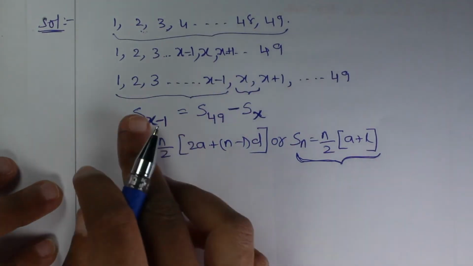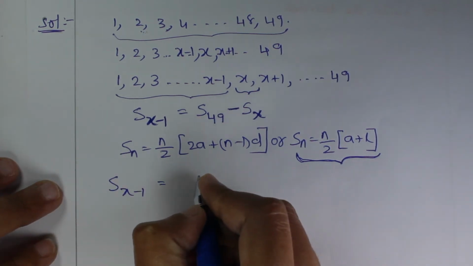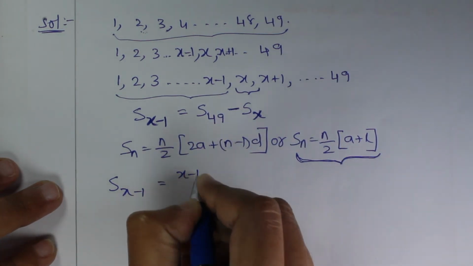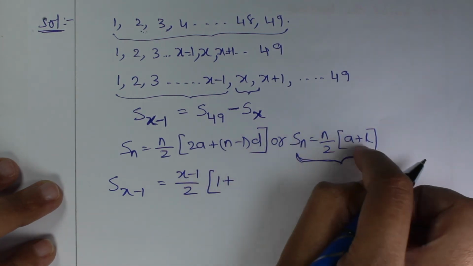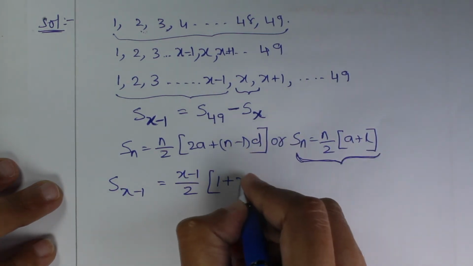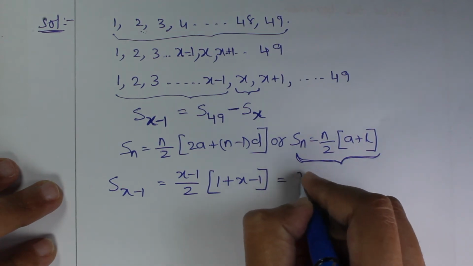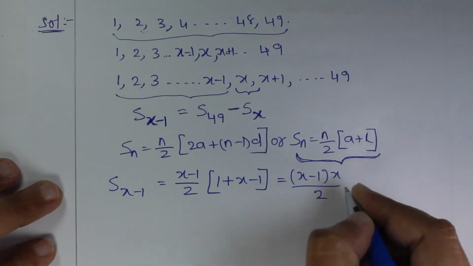So what is S of x minus 1? S of x minus 1 is equal to, n becomes x minus 1, so x minus 1 by 2 into a, which is 1, plus L, the last term, which is x minus 1. That is equal to x minus 1 into x by 2.